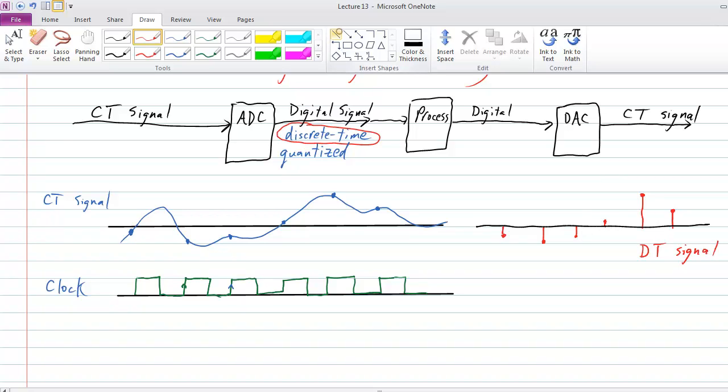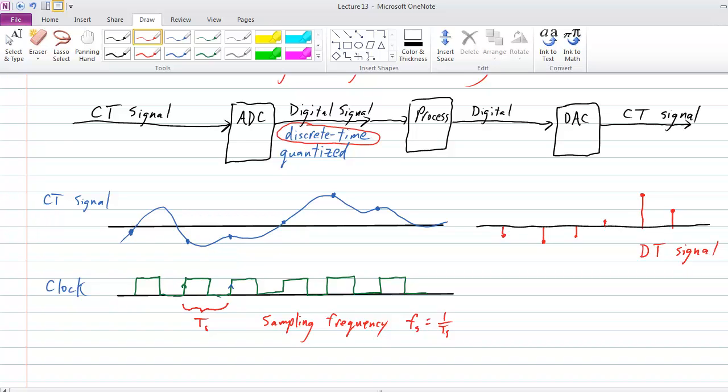And of course, we have a sampling frequency, right? So if that was T, then we would say sampling frequency Fs equals 1 over T. Let's say Ts. Okay.